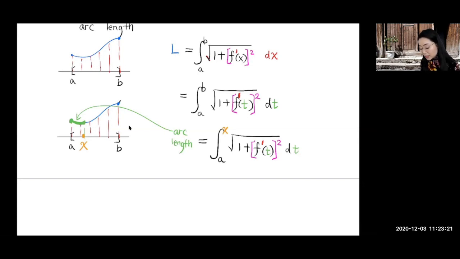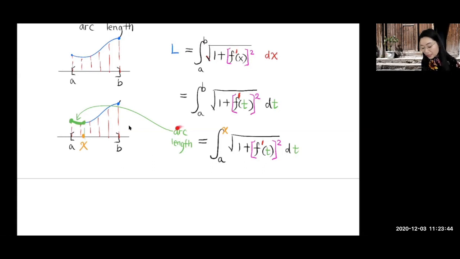Now, as you move this x from a to b, this arc length is going to change. So this arc length is going to change as this x changes. When you move it here, the arc length will go from here to here, right? And when you move it, it's going to change.